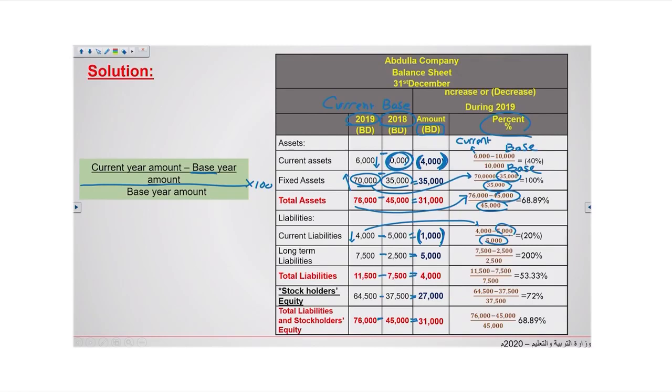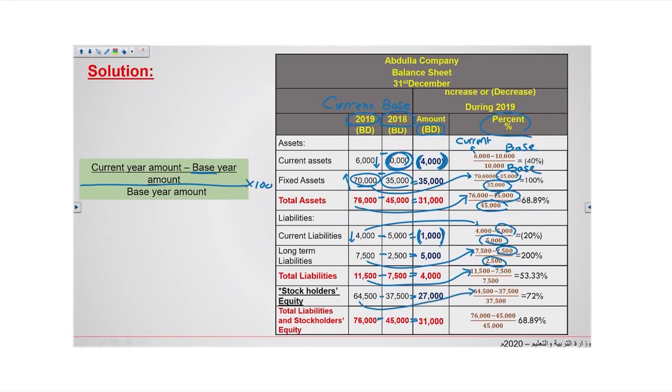Long-term liability, the same, 7,500 minus 2,500 over 2,500. Total liability, the same, 11,500 minus 7,500 over 7,500. For stockholders' equity, the same.